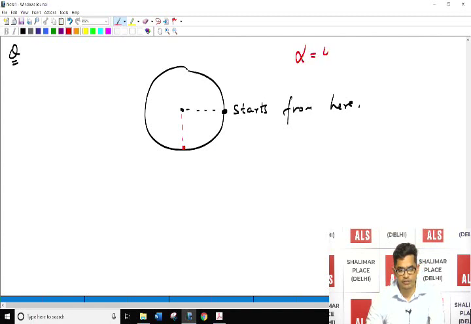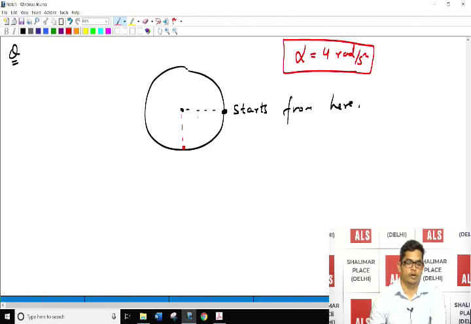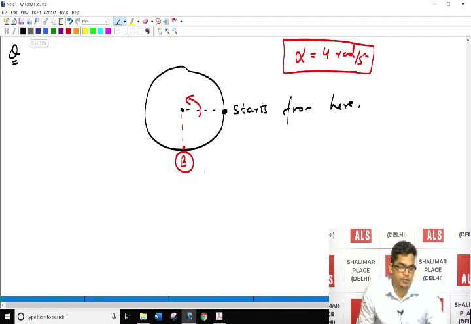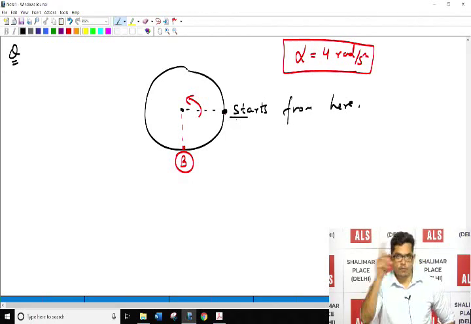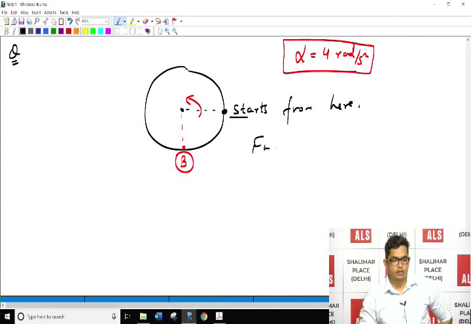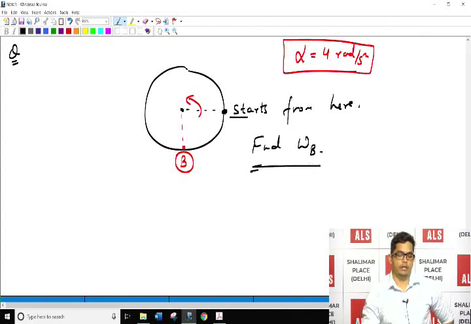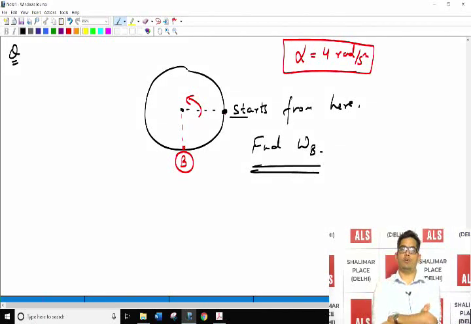Okay, alpha is 4 radian per second square. Body is moving like this. This is the initial position. This is the final position, or simply I can call it B. So basically, the body starts from this point, moves anti-clockwise, angular acceleration is 4, find omega at B. Simple question. I want all of you to do this.